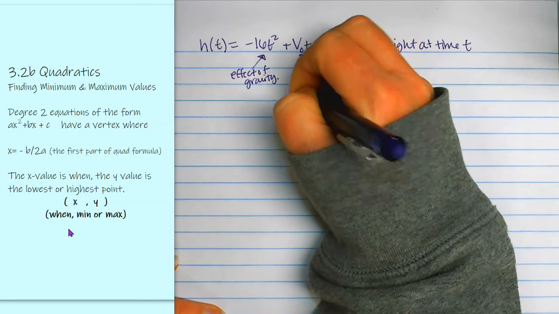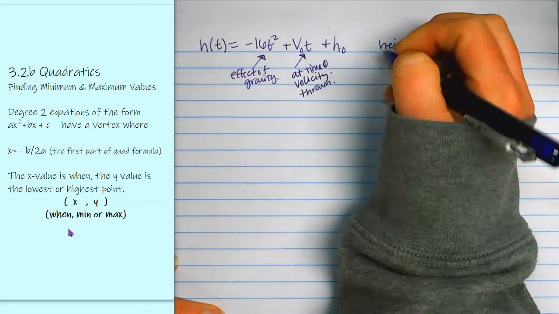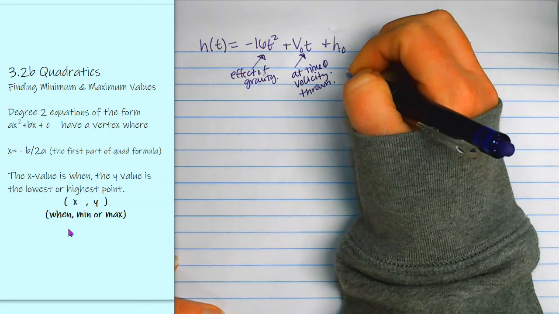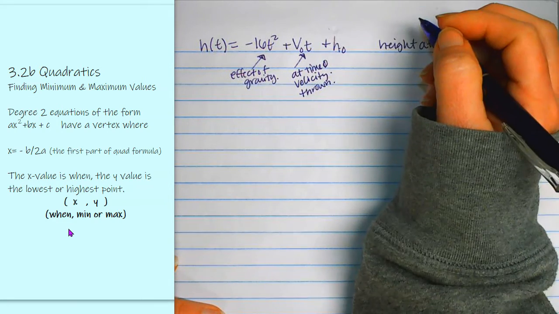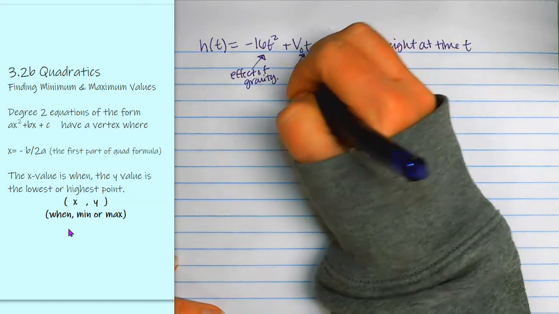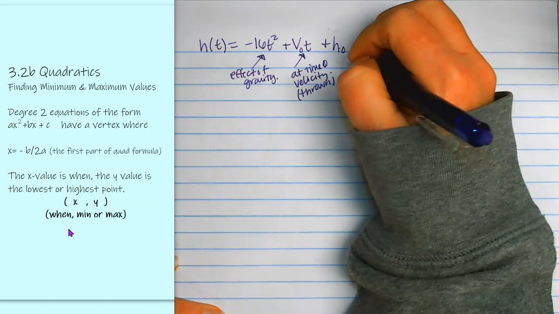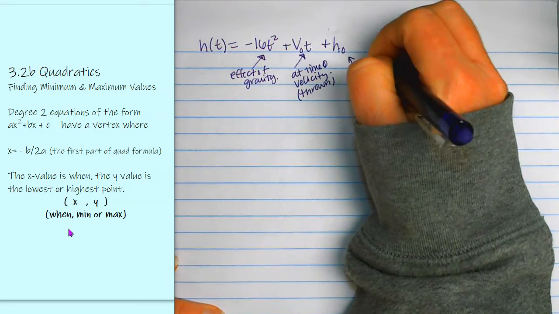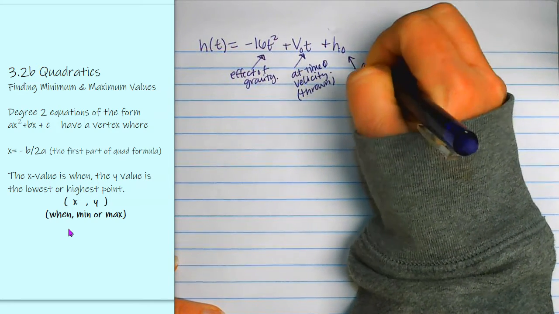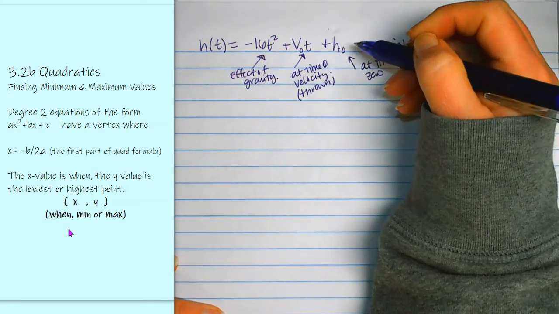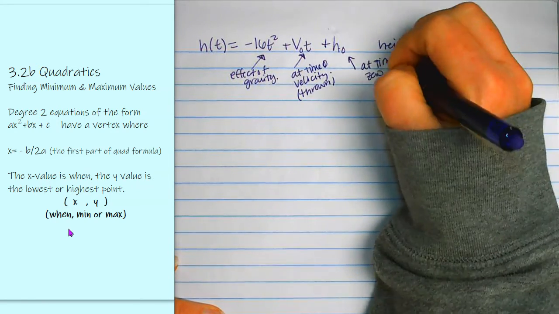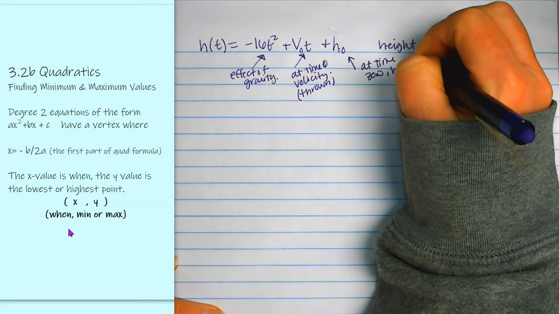So if it's a ball and it's thrown up or down or shot out of a cannon or whatever it is, it's the speed that it's thrown. So speed or velocity. H sub 0 means at time 0, the object was at what height. So this is the height when you're starting your problem.